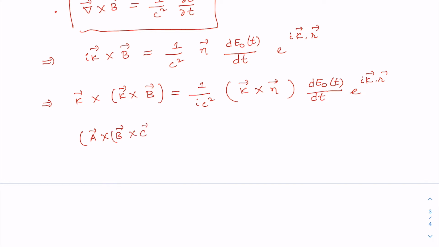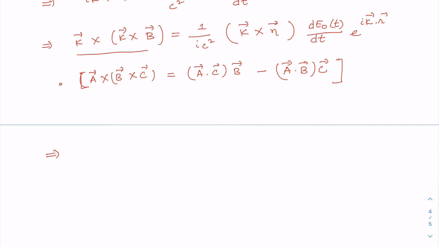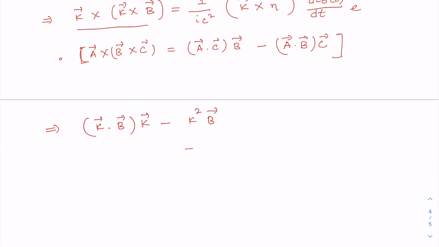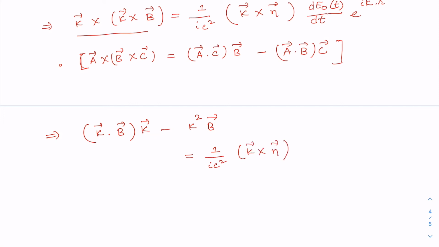I hope all of you know A cross B cross C is equal to A dot C B minus A dot B C. So let us use this rule here, and then we will get k dot B k minus k dot k, that is k square, B. On the other side I have 1 by i c square, k cross eta dE0 dt e to the power i k dot r.